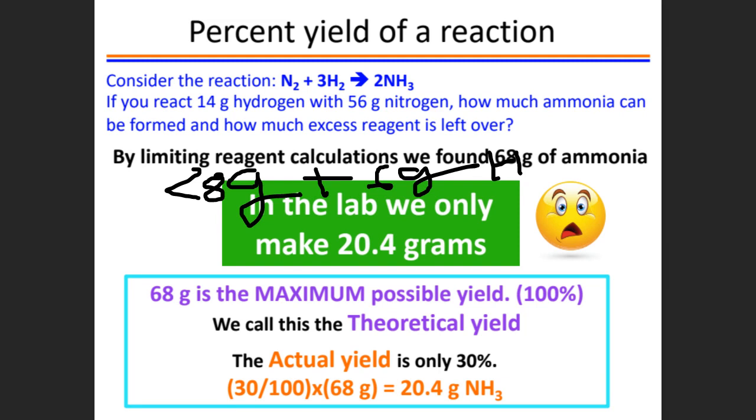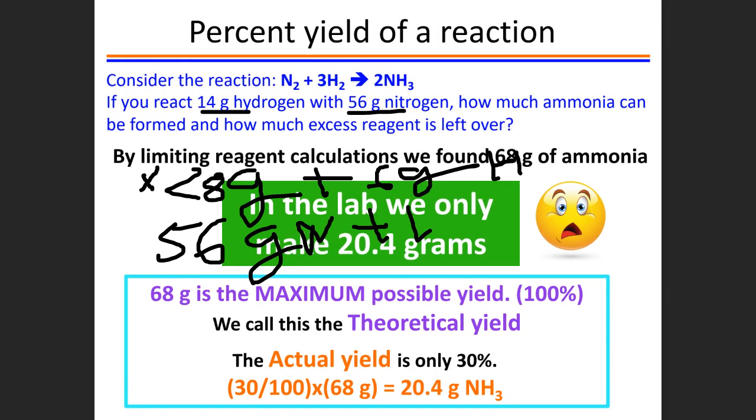So here if we look at 14 gram hydrogen, 56 gram nitrogen. So 28 times 2, I think 56, correct? Yeah. So 56 gram of nitrogen actually will need 12 gram of hydrogen, but we have 14 gram hydrogen.